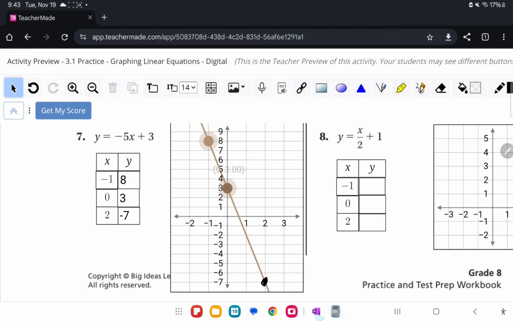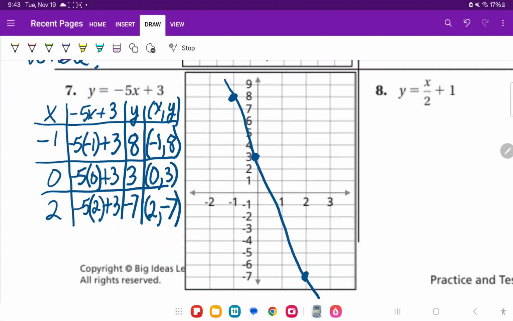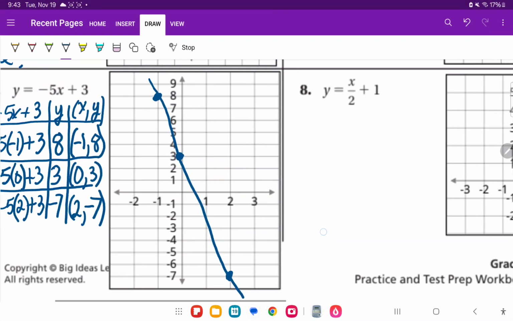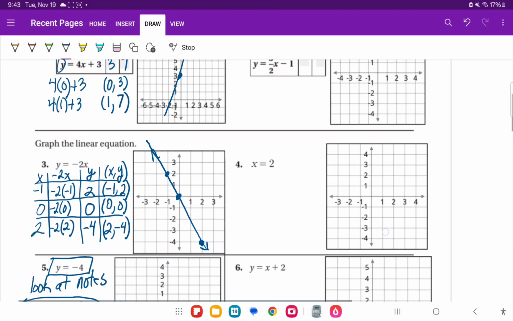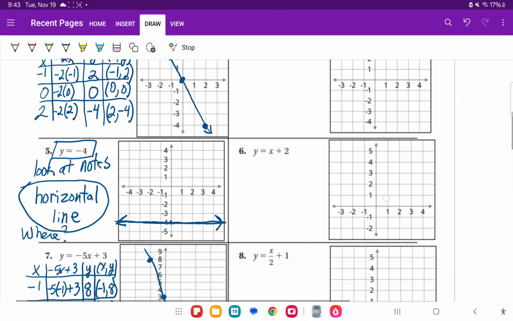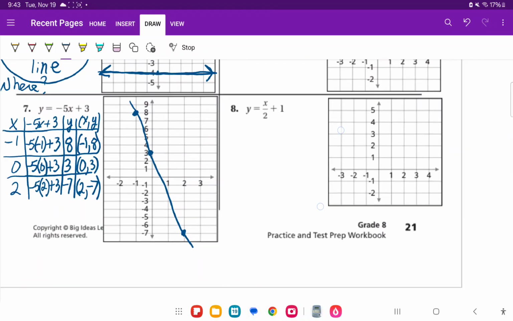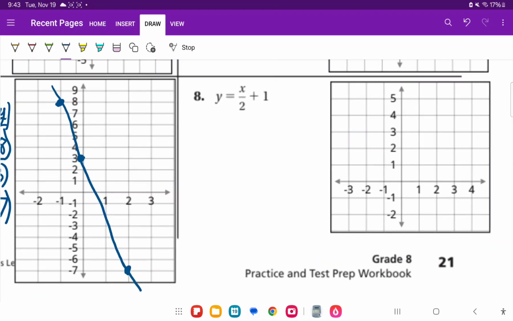Okay, now we're going to switch back and look briefly at number 8. I'm not going to do all of this one with you. I want you to try this one on your own, but I'll help you get it set up. So we're going to do our table again.